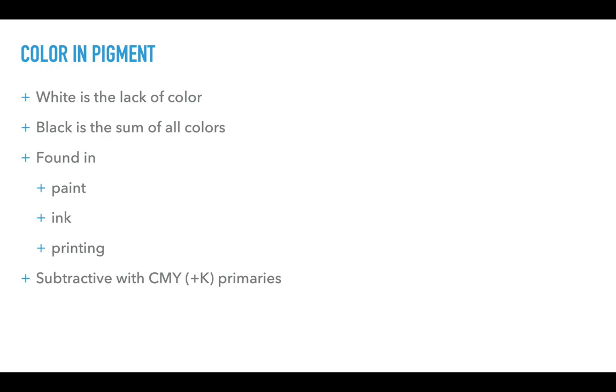And if we add in all of those colors, a full amount of cyan, a full amount of magenta, a full amount of yellow, we get black. The theory is, though, or the actuality is, that black isn't perfect. So we add K, black, for this. So CMYK is our printed mode. We work on screen in RGB, and then we print in CMYK.